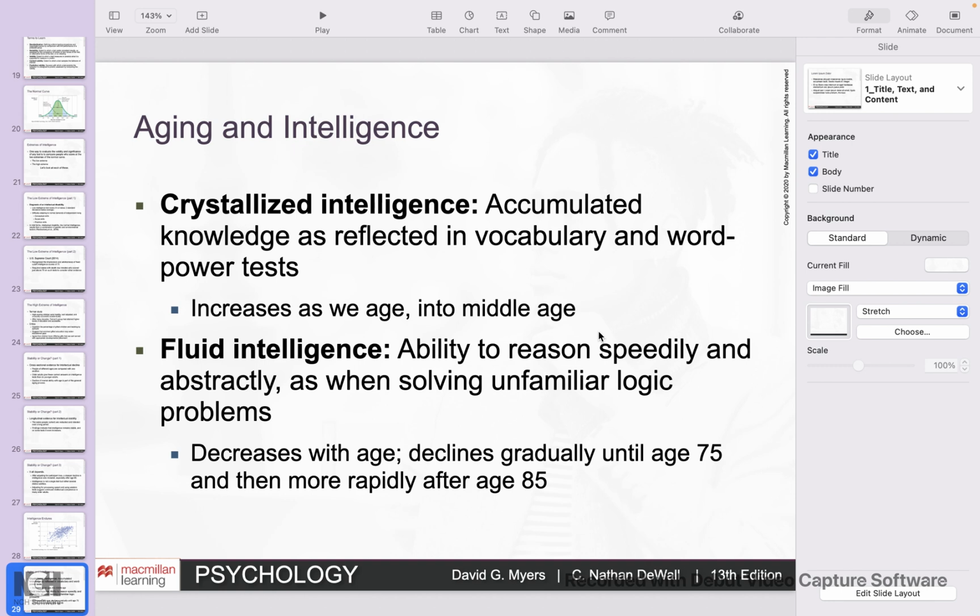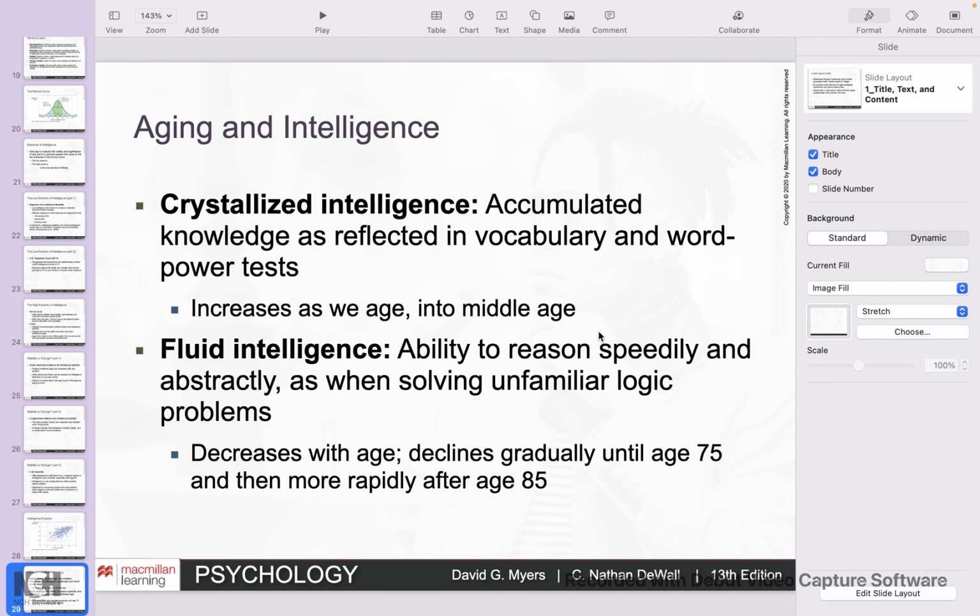So accumulated knowledge is reflected in vocabulary, and word power tests can be thought of as our crystallized intelligence. Our fluid intelligence is really our ability to reason speedily and abstractly, especially when solving unfamiliar logic problems. And this fluid intelligence, we know, conversely actually decreases with age.